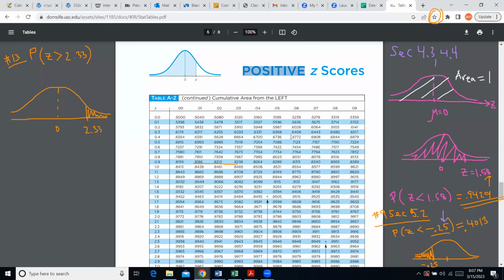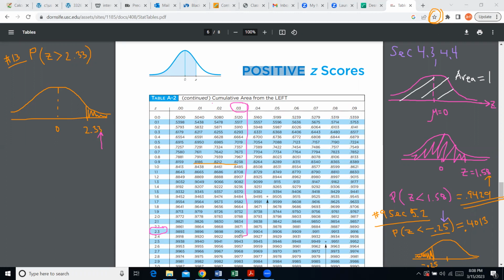So let us locate 2.33. So it looks like here's the 3 hundredths, right? 0.03 is here. 2.3 will give me the row, and 0.03 will give me the column.